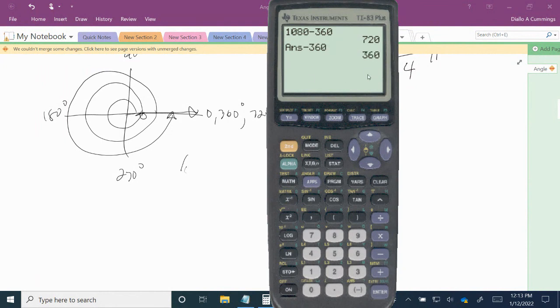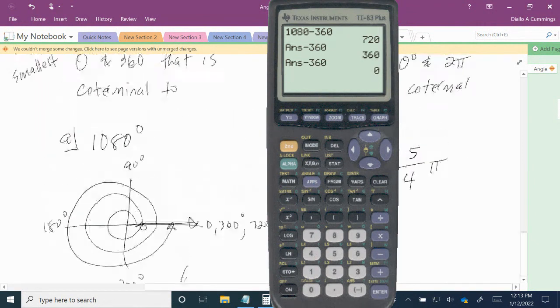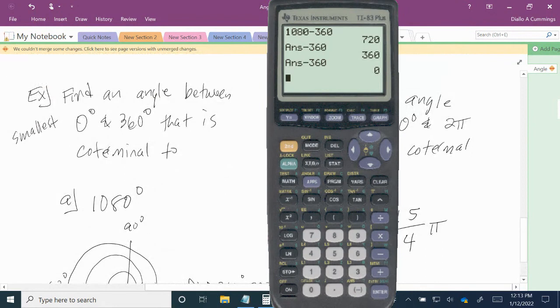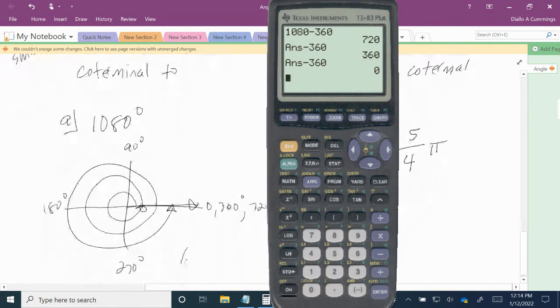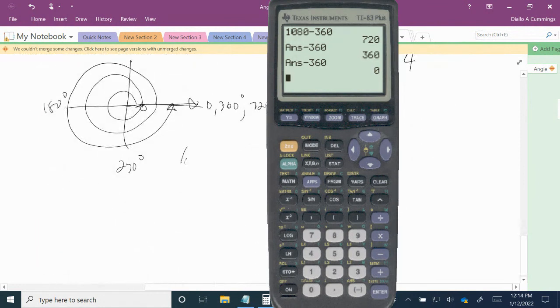Since we want the smallest, here would actually be 0, okay? Because our directions say between 0 and 360. So even though we have 360, 0 would be the smallest. All right, so here we would have 1080 and 0, our coterminal.